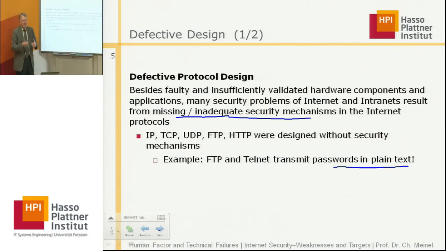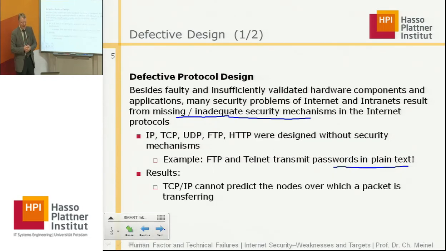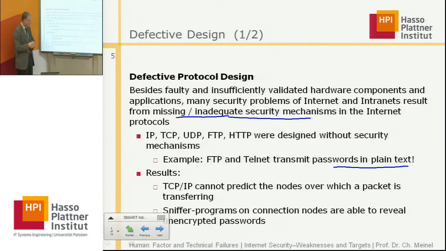But the experiment of internet working with TCP/IP changed the world, and now the internet is a worldwide used communication infrastructure. So TCP/IP cannot predict, for example, the nodes over which a packet is transmitted. It could be that packets are transmitted over hacker stations, or over routers where hackers have complete access and can control all the packets.